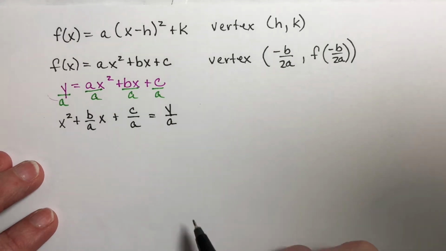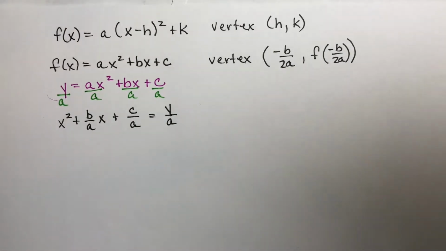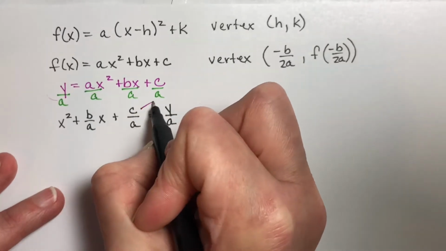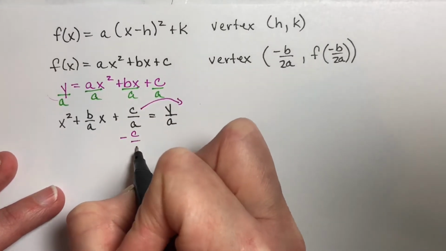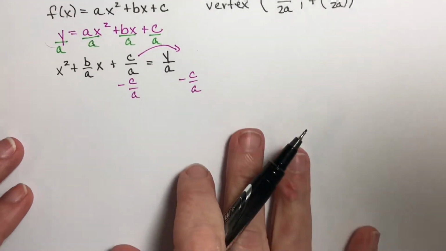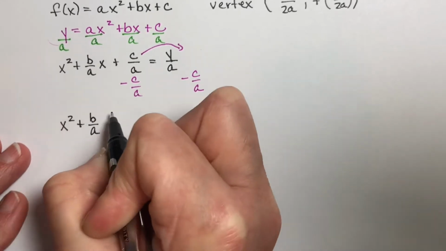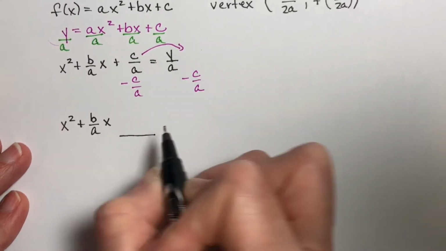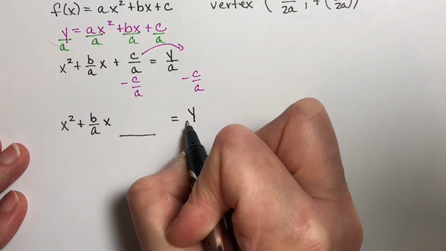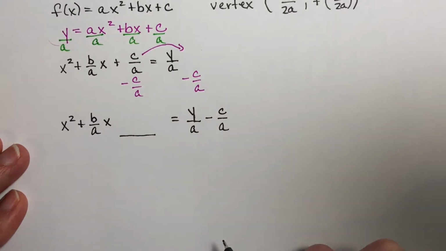Now our next step was to get our constant over on the other side. We used to say our constant alone, but that was when we had a 0 where our y is. But I'm just going to subtract c/a from both sides. Now this gives me x² + (b/a)x, and I'm going to leave myself a little space here, and this equals y/a − c/a.